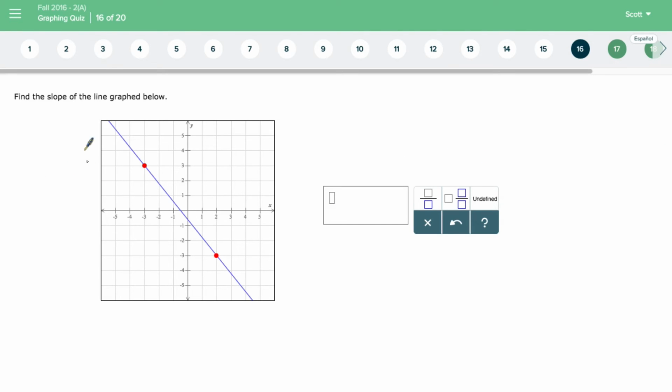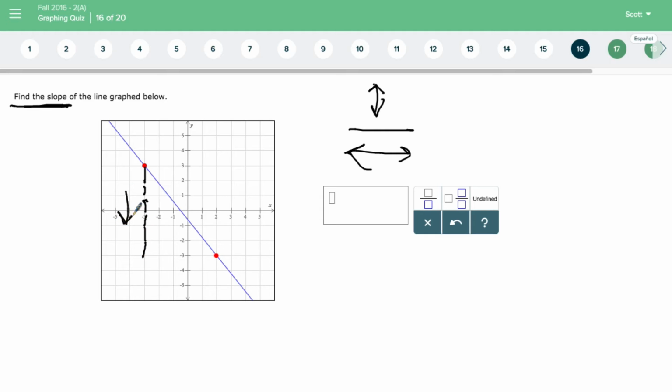Number 16, we just want the slope. Find the slope. The slope, again, is just how far we go up or down over how far we go right or left. So from here, we're going to go down 1, 2, 3, 4, 5, 6.